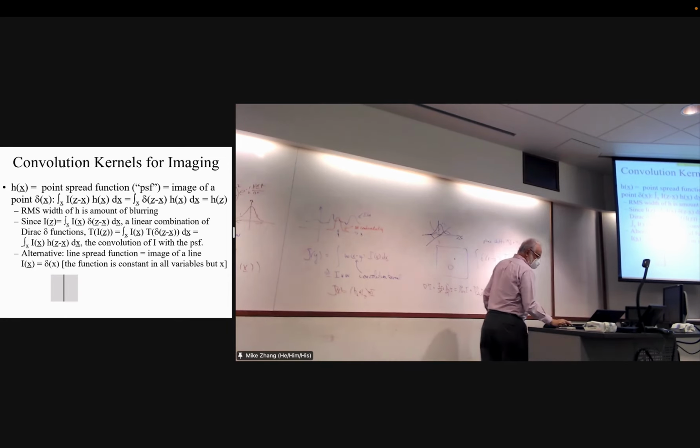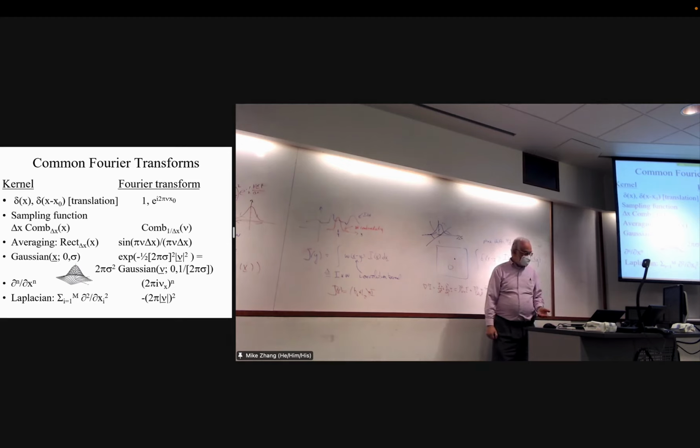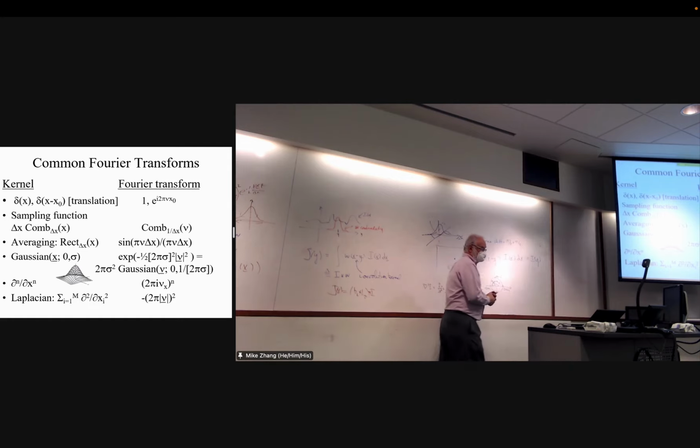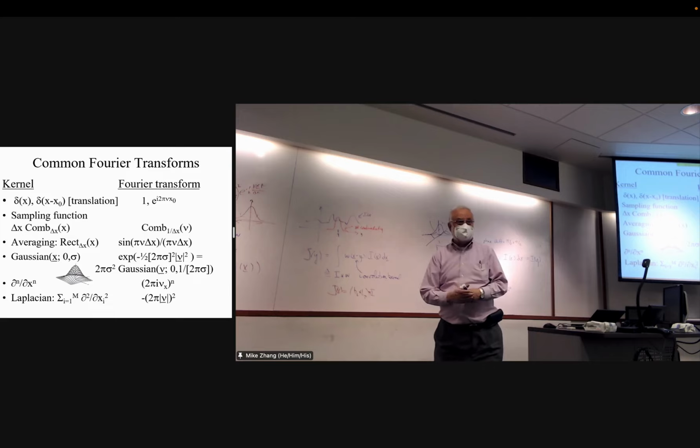And then we're going to go on and talk about these basic functions that we've been talking about. We've got the delta functions. We've got the comb function and its generalization, the brush. We have these averaging functions, the rects. We have the Gaussians, which produce our best aperture functions. And we have the derivatives, and one particular weighted sum of second derivatives, called the Laplacian.